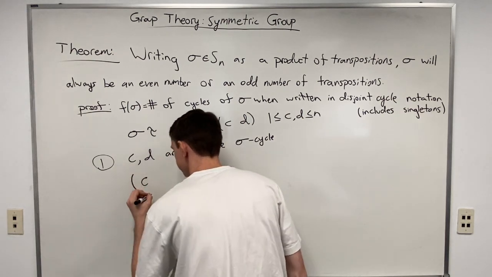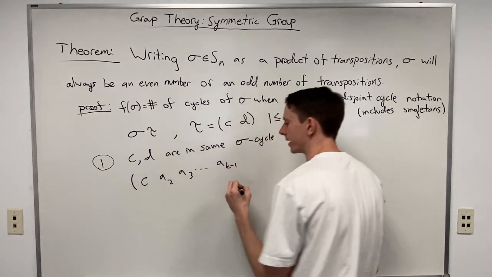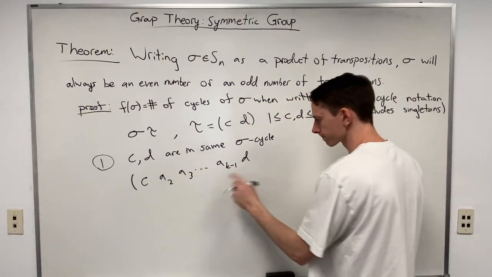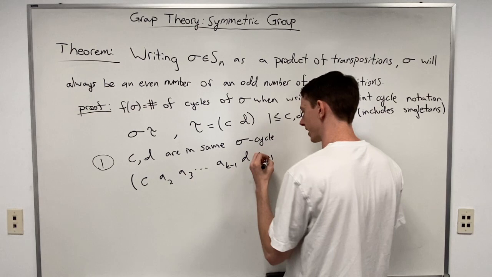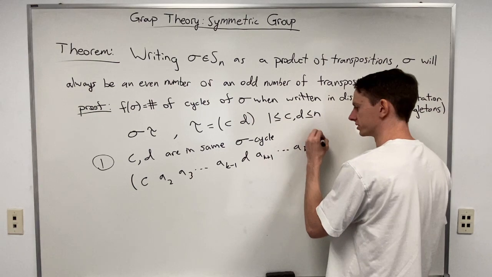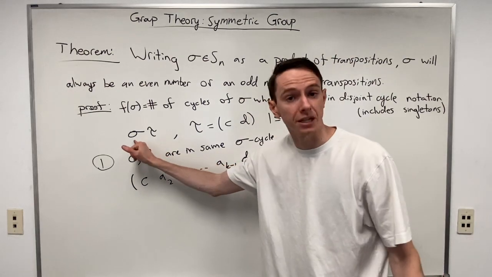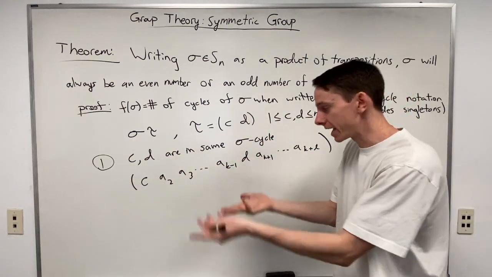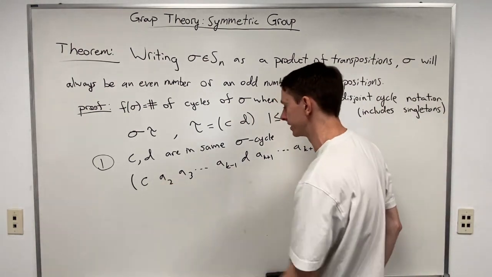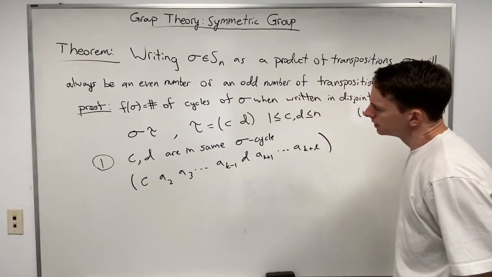Maybe we'll write c, then a2, a3, all the way through a(k-1), and then d at some later point, d, a(k+1), all the way through a(k+l). So this is some cycle contained within sigma, and c and d are both in it. We're writing this in a general way, where we start with c, and after k different numbers, d shows up.